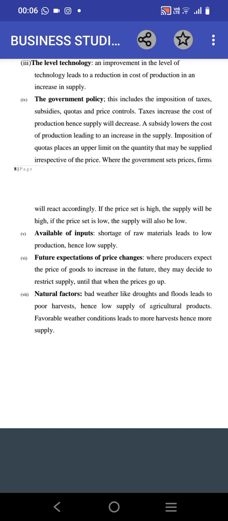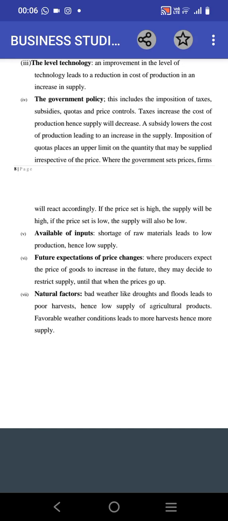Available inputs. Yes, inputs determine the supply. How does input determine supply? Like cotton. Cotton wool is a raw material or an input. Another name for raw material is an input, okay?